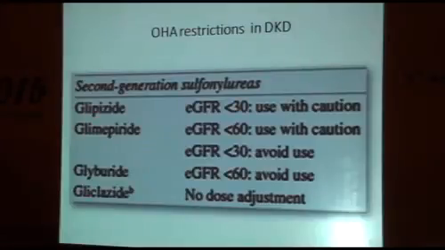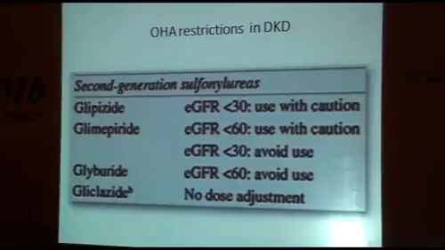Glipizide and gliclazide don't need much modification in advanced kidney disease, just because they produce inactive metabolites. While glyburide and glimepiride lead to production of active metabolites, which means accumulation can occur, leading to persistent hypoglycemia.